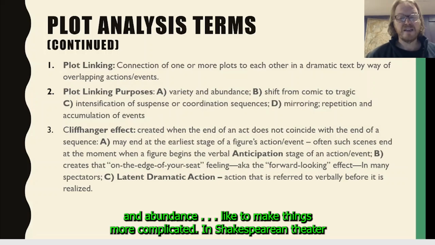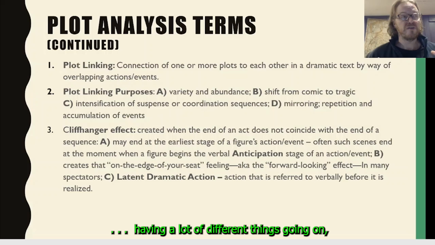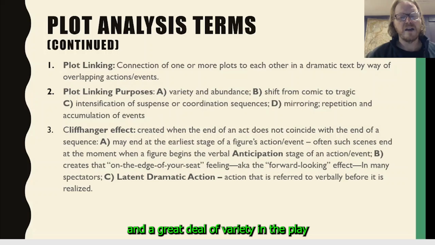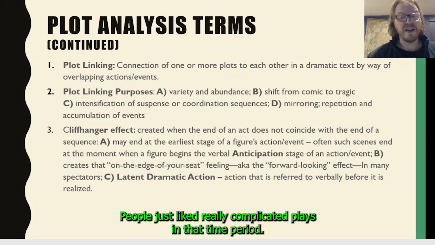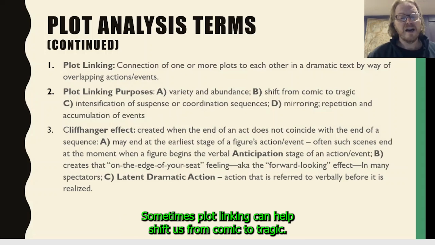In Shakespearean theater, having a lot of different things going on and a great deal of variety in the play was considered a value in itself. People just liked really complicated plays in that time period.